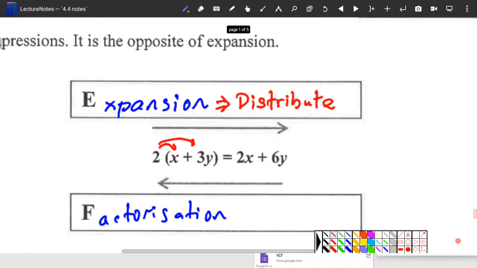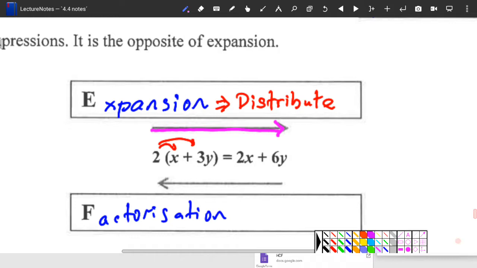Now, take note, if I say from this direction to this direction, it means from left to right. So look at the left. What do you have? Bracket. Yes, bracket. But on the right, is there a bracket?